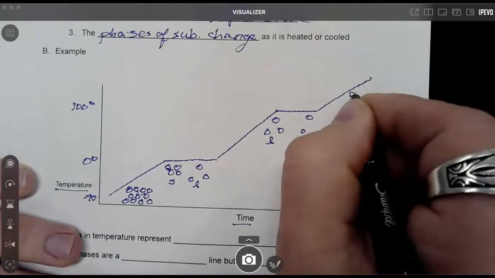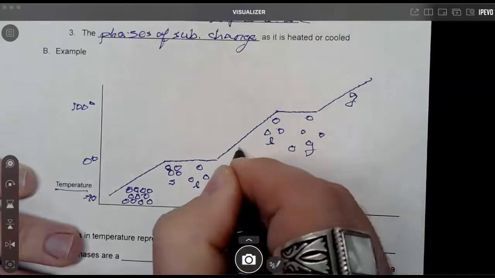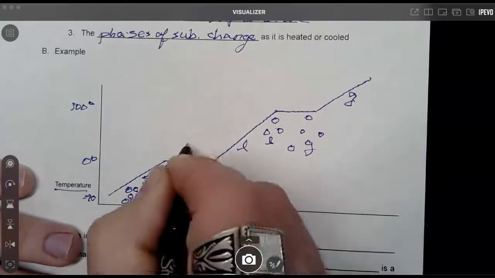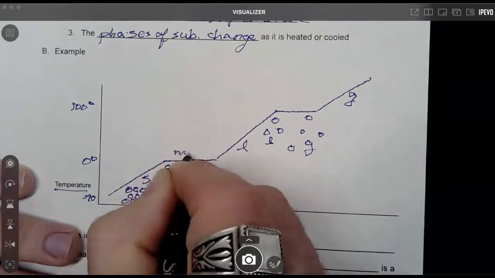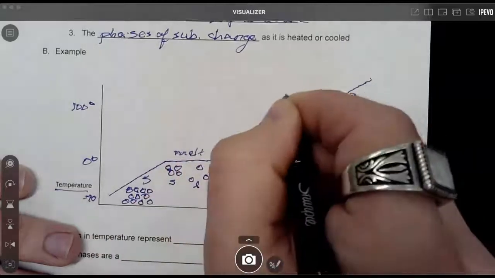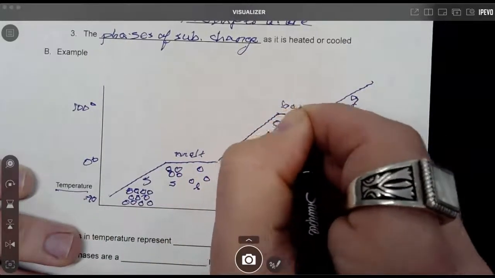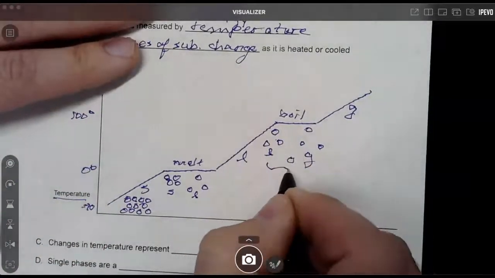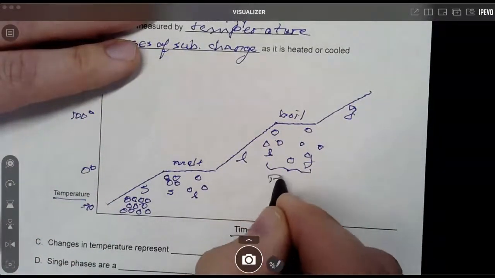So we have the gas, we have the liquid, we have the solid. But then here we have melting, here we have boiling. Okay, so this is the actual phase change.